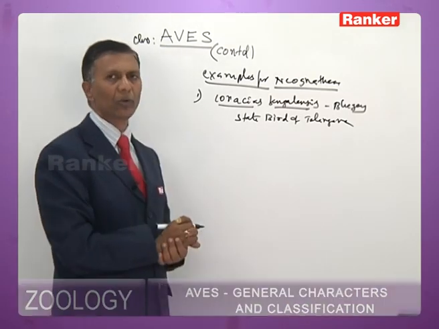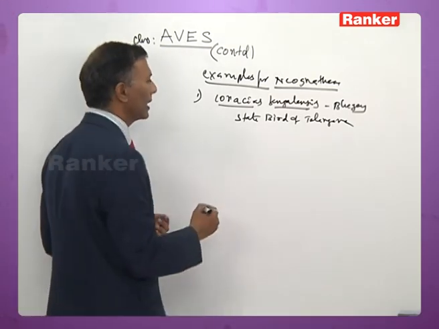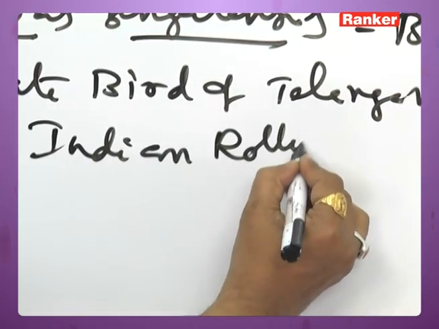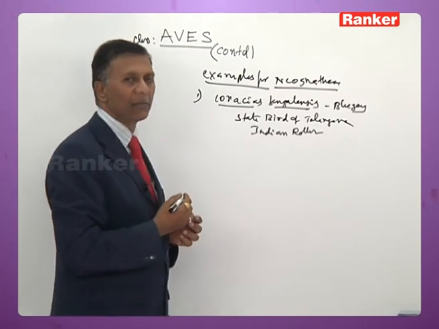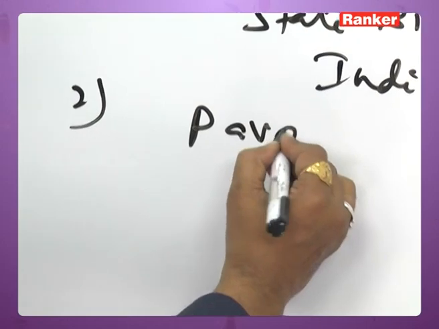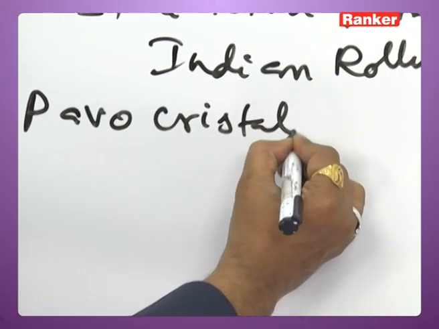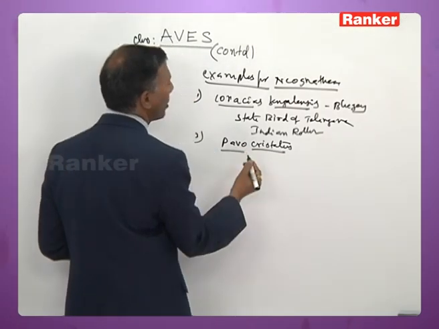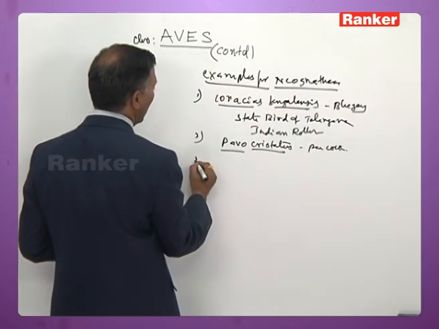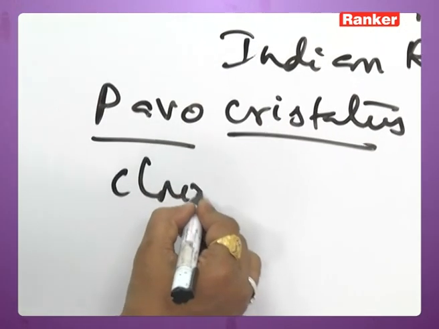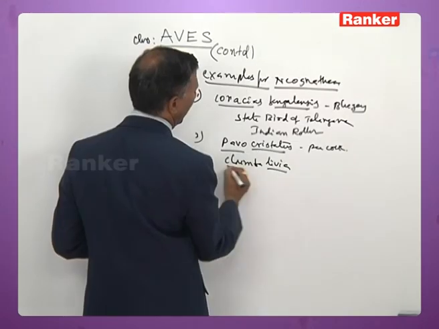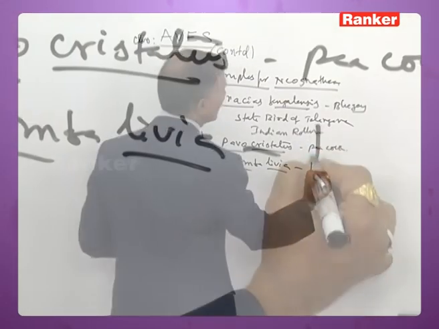The next you have Pavo cristatus, this is peacock. Next you have Columba livia, pigeon.